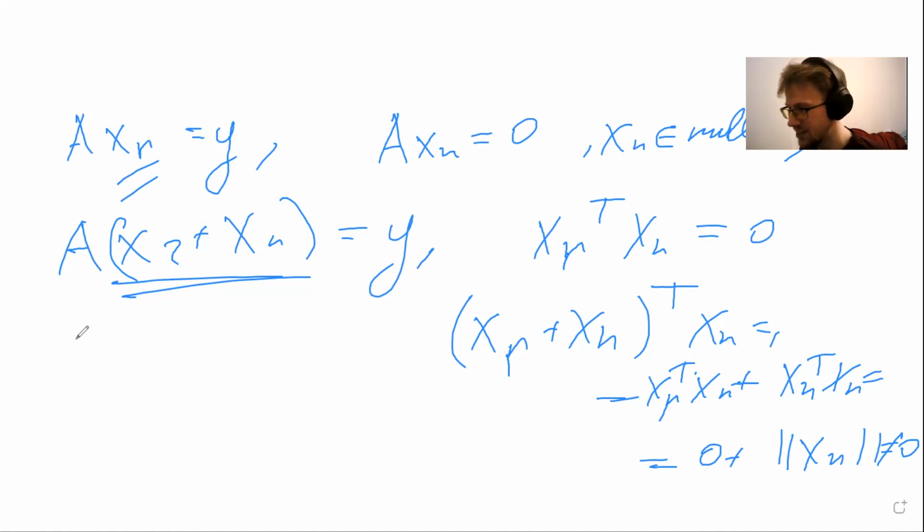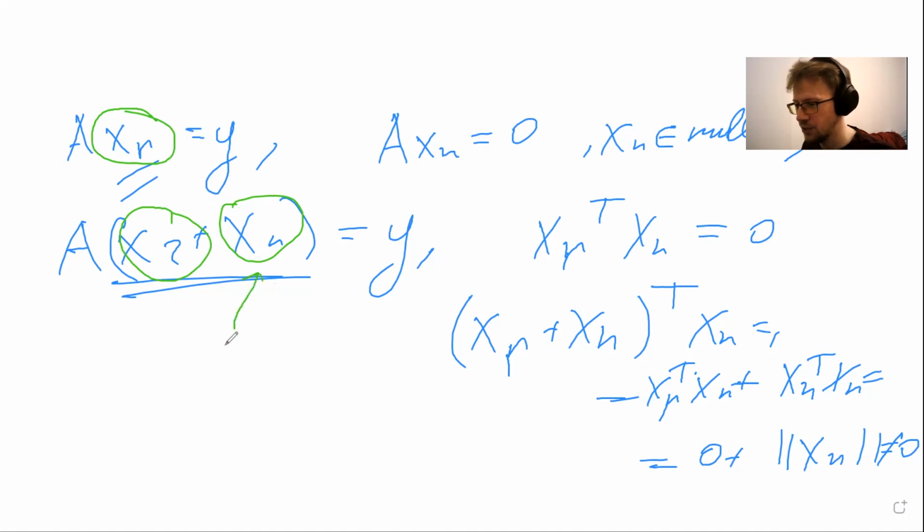But the smallest norm element that produces y is in the row space. Why? Well, because this combination of those two vectors is going to have a bigger norm than this vector, right? And the smallest possible combination that you can have here is when this becomes 0.